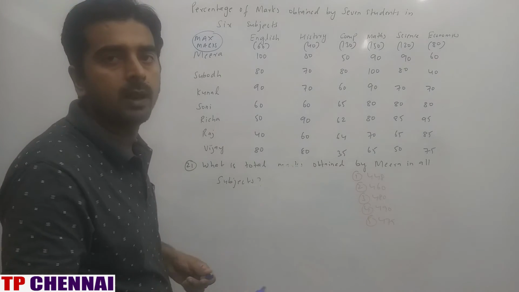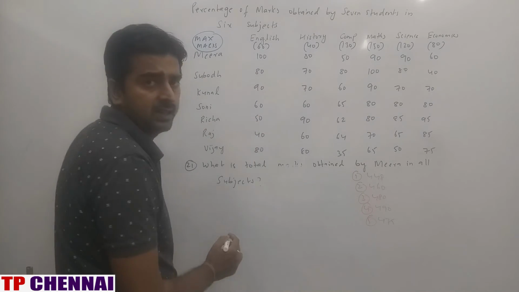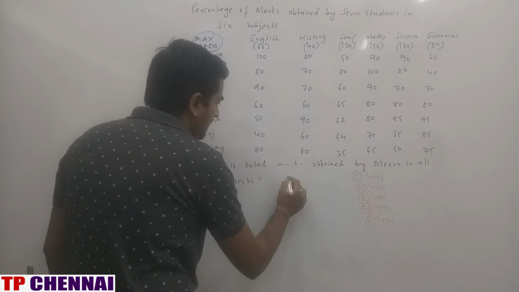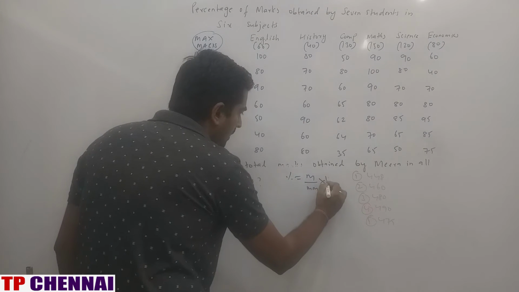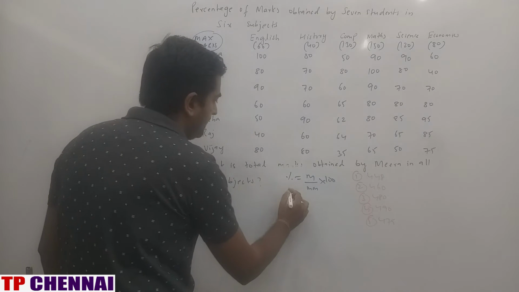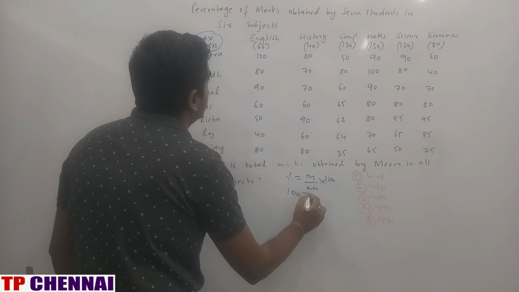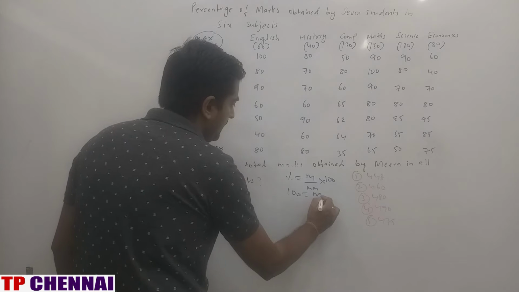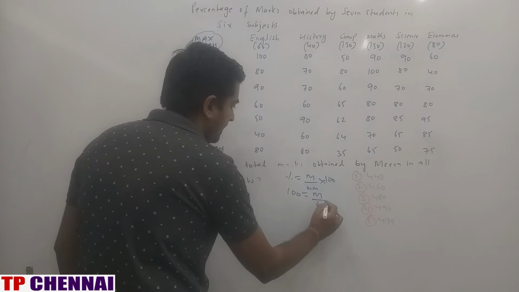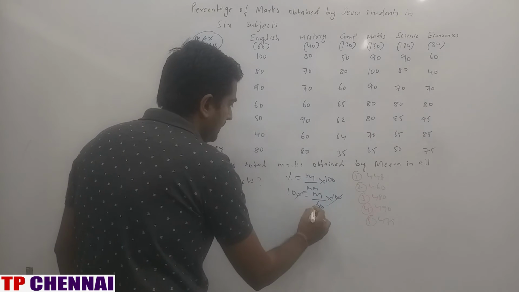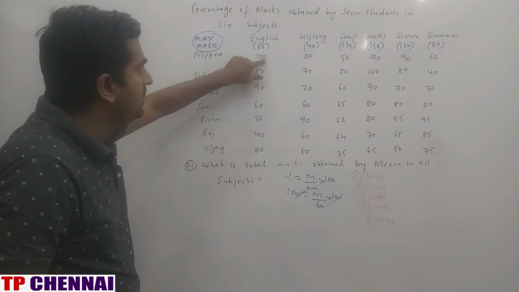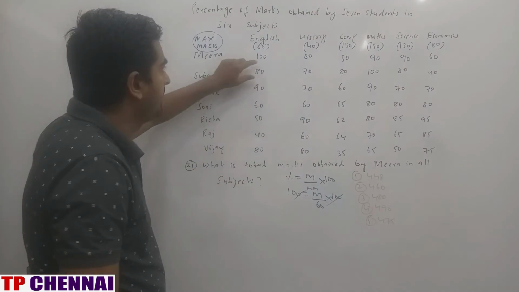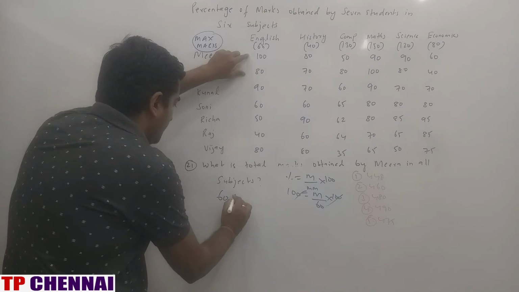First, how to calculate marks here? Percentage is nothing but marks divided by maximum mark into 100. In English, Meera got 100 percent, and the maximum mark is 60, so for English she got 60. Likewise we have to do for all subjects. Just eliminate the last 0 and then multiply. So 10 into 6, 60.